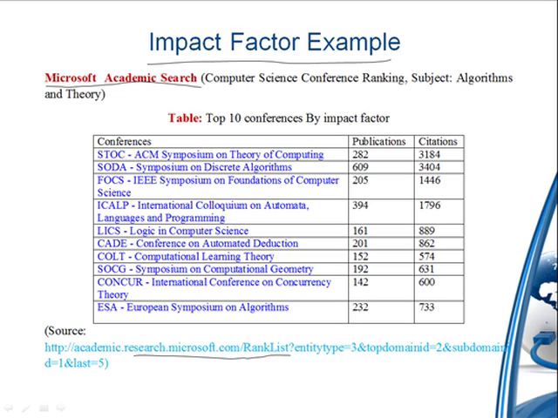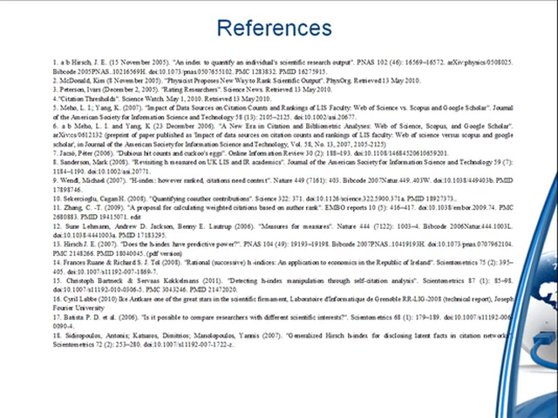It ranks the conferences on the basis of publications and citations, and after that this impact factor can be calculated. So I just used the top 10 conferences by impact factor related to the subject, algorithms and theory. Now these are the references.